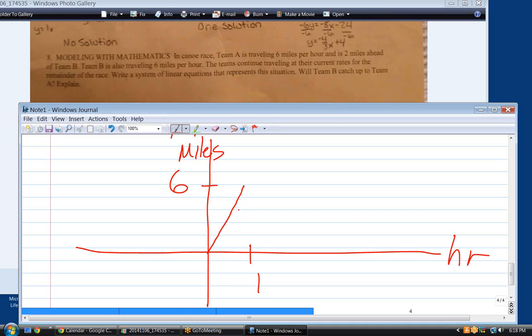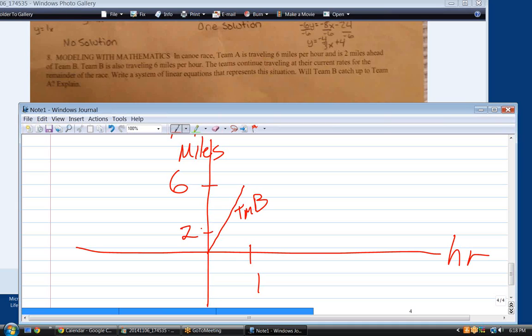That's the slope and the picture of one of the teams. Well, let's call that Team B. And I'll tell you why in a second. Because Team B has a slope of 6 miles per hour. Well, Team A also has a slope of 6 miles per hour. But they started 2 miles ahead.